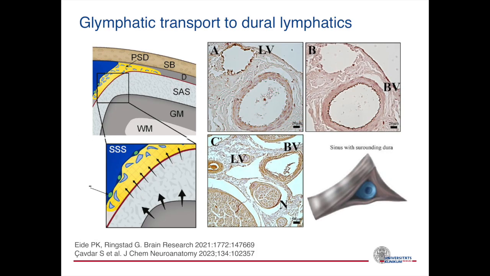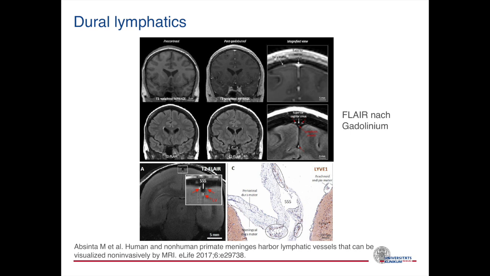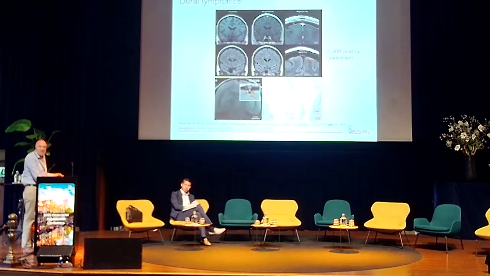That is a schematic illustration of the CSF in the parasagittal dura. That was a recent paper from Maria Absinta, which used FLAIR after gadolinium to show tiny lymphatic vessels. We tried to replicate it, but we could not really replicate it.